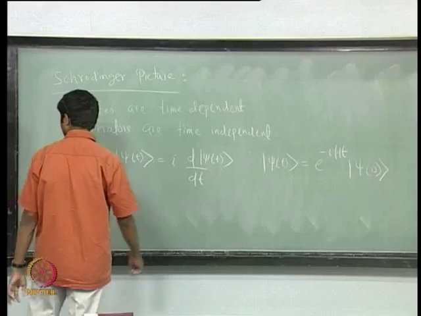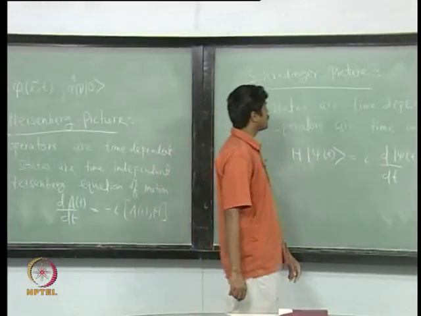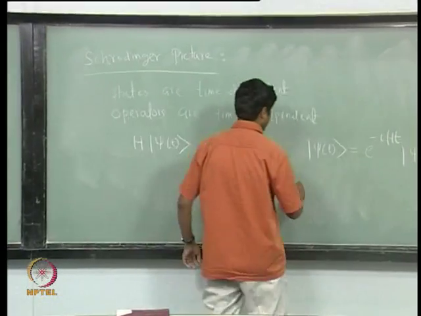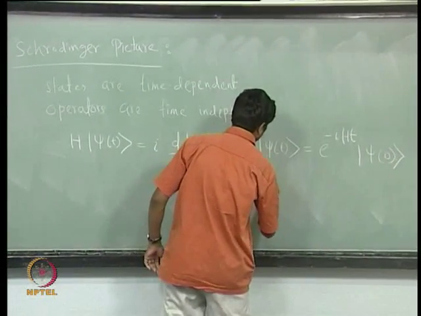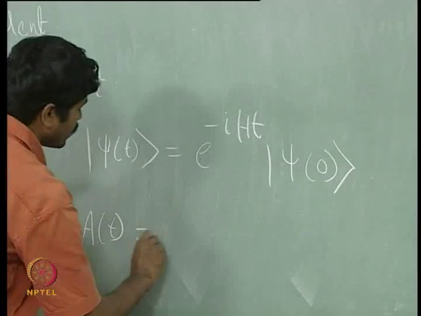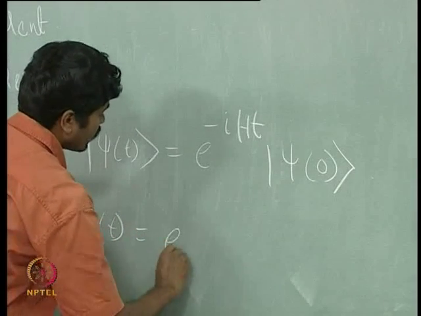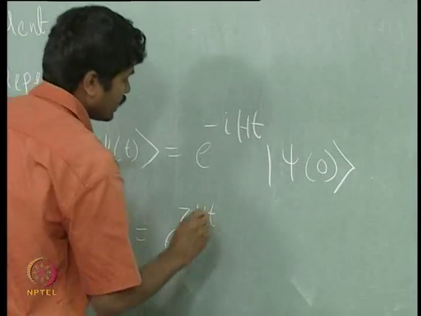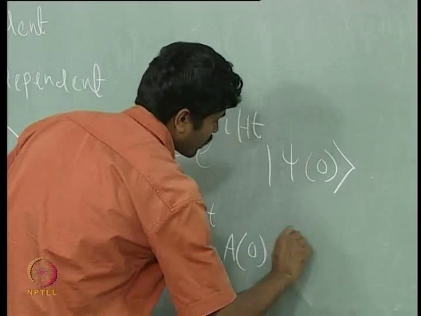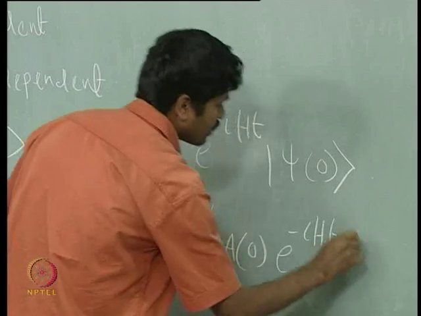You can relate the operators in the Heisenberg picture with the operators in the Schrodinger picture by this relation. A of t will be equal to e to the power i H t A of 0 e to the power minus i H t.